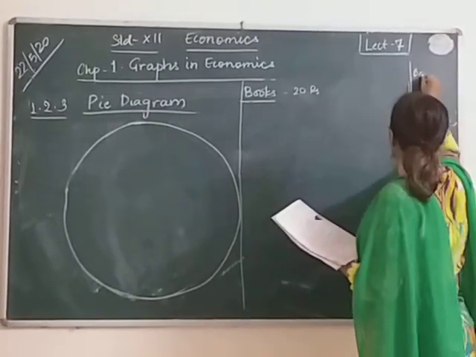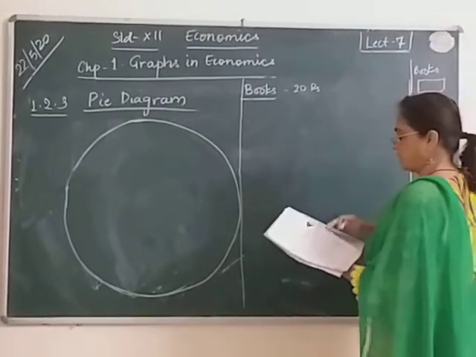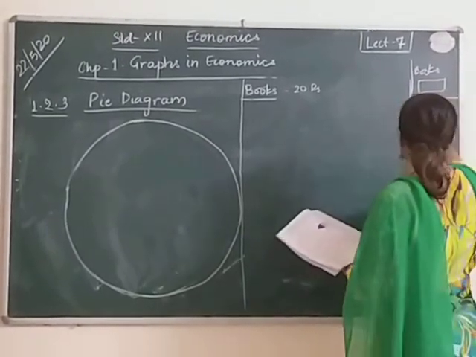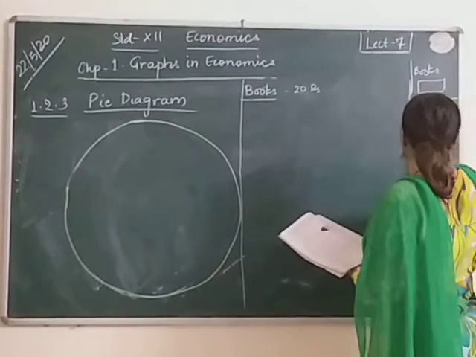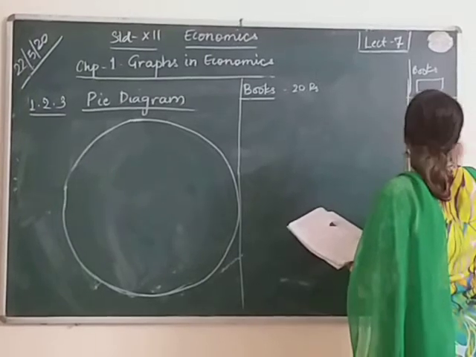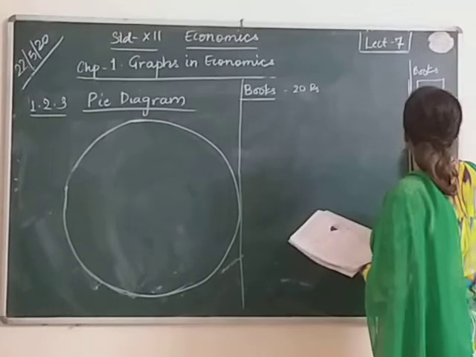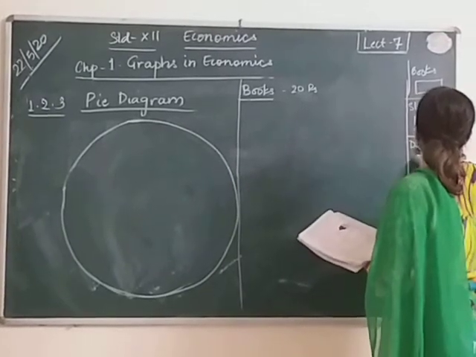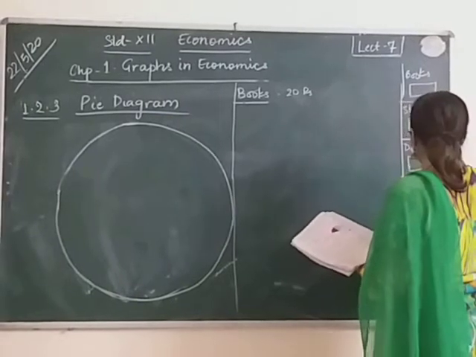So for books, he is assigning one kind of design. For stationery, he is assigning this kind of design. The third one is for devices. He is assigning some kind of design. Next is food and clothes.